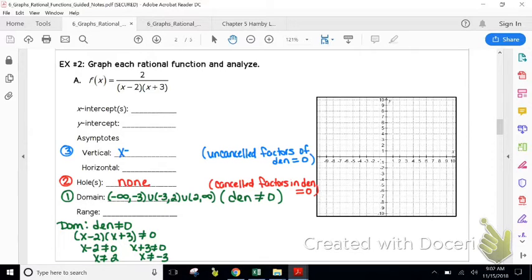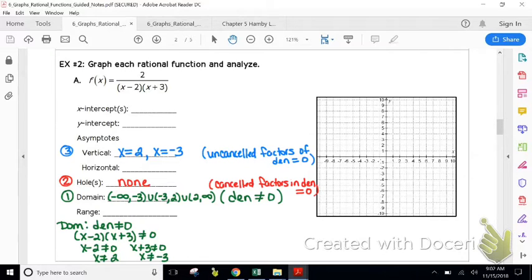So I have a vertical asymptote at x equals 2, and the x plus 3 didn't cancel, so I have a vertical asymptote then at x equals negative 3. Now guys, these are lines, okay? So I want them written as x equals, and they have to be written separately. You can't put x equals 2, comma, negative 3. So x equals 2, x equals negative 3. They're two separate lines, and since they're lines, they have to have the x equals in front of each of them.